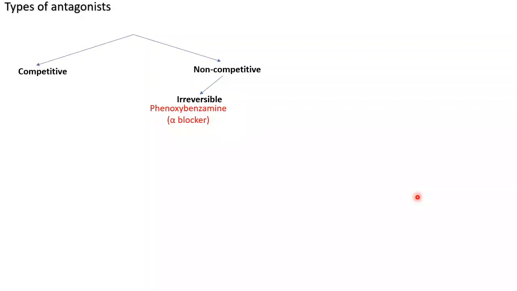Okay? Alright. Now another way for an antagonist to be non-competitive is by being an allosteric antagonist. What does allosteric mean? The part allo in the word means another.